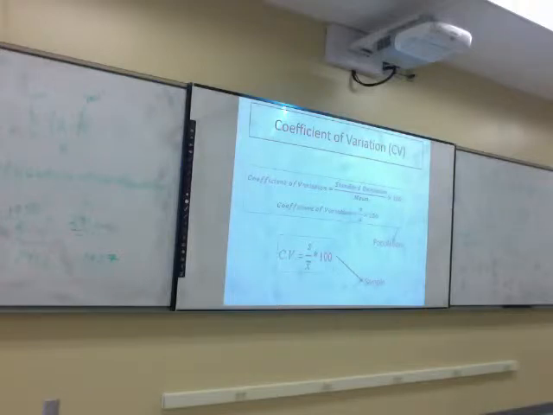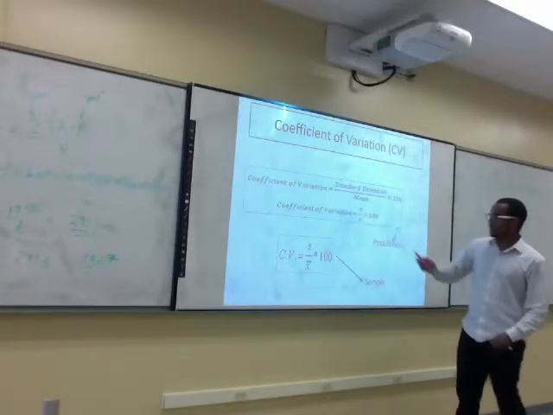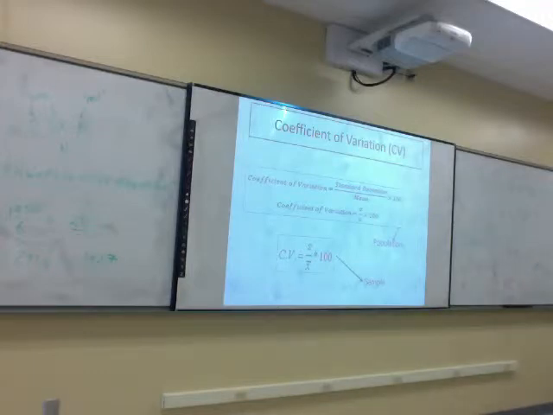So coefficient of variation is for population, right? Just like what we did for sample, mean, standard deviation for sample and population, coefficient of variation also for sample and population. And the other one is coefficient of variation equals standard deviation over the mean times 100, because usually you're dividing a very small number by a large number, so you'll have a very, very small result sometimes.